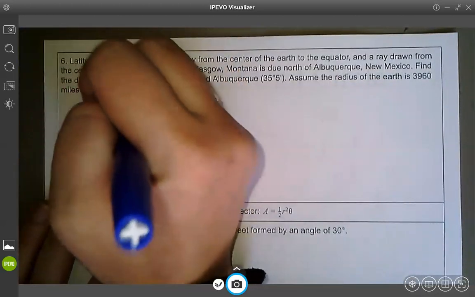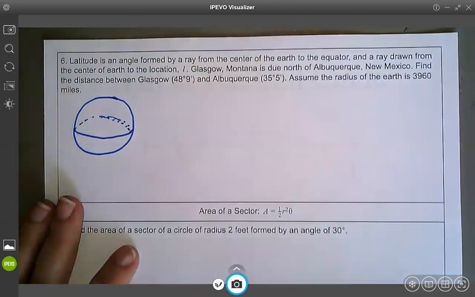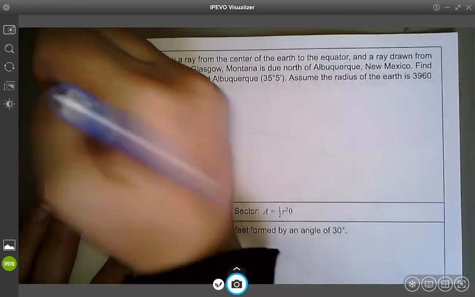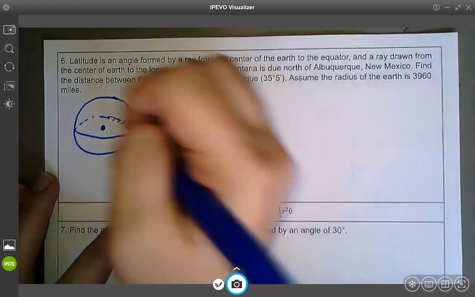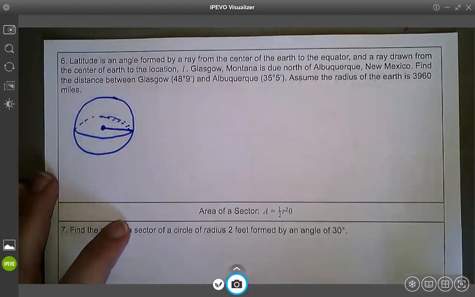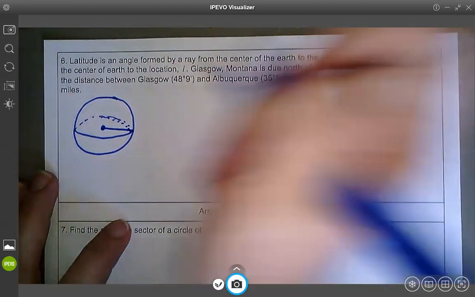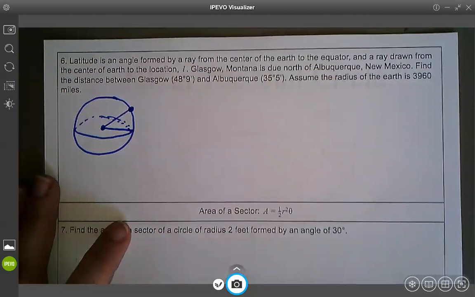I'm going to try to make this look somewhat like an actual sphere. The center of the Earth is what's inside the sphere, the very center. And we've got the center of the Earth to the equator, and then a ray drawn from the center of the Earth to the location, wherever our place on the planet is.